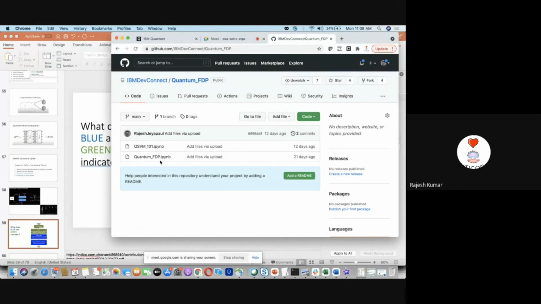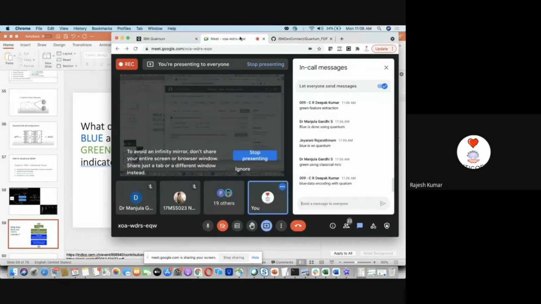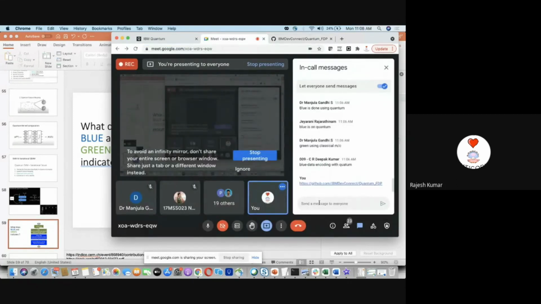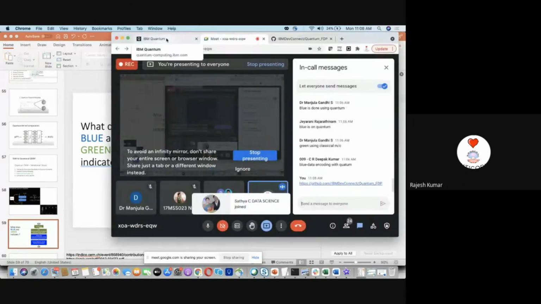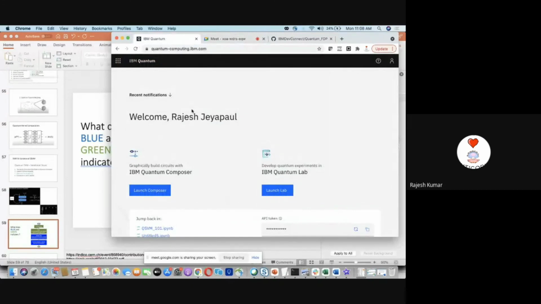I think there are two programs I've uploaded, and I will put this in the chat window as well. If you are in front of the system, go to quantum-computing.ibm.com. Let's give it a try, another 10-15 minutes maximum.